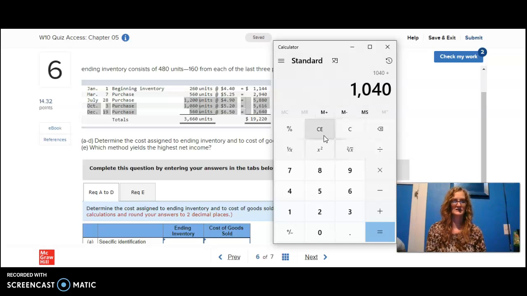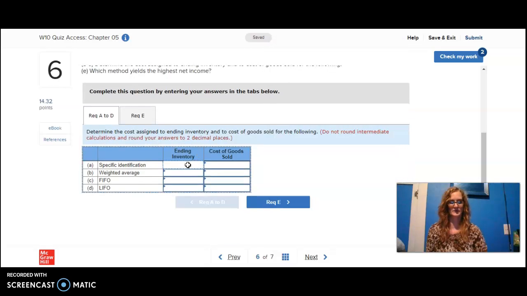So then I take all the amounts, this last one plus the 832 plus 784, which gives me an ending inventory of 2,656. So I type that in.